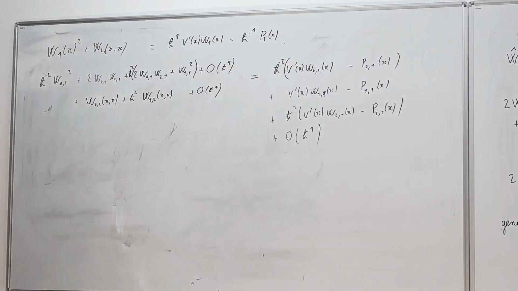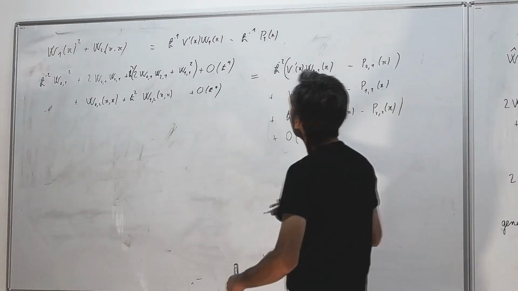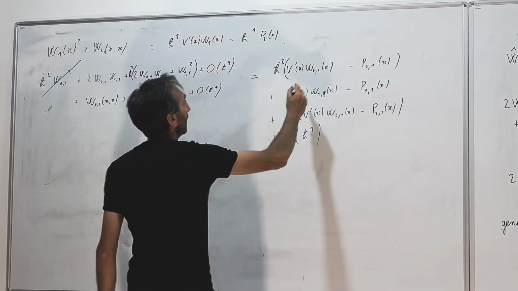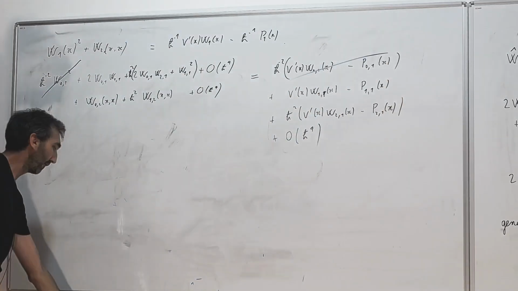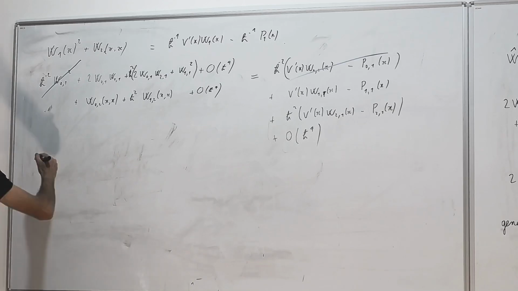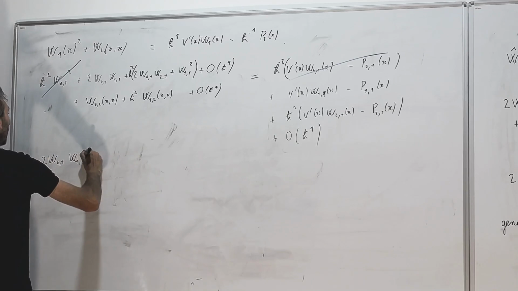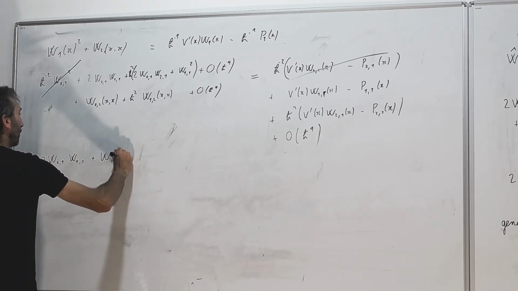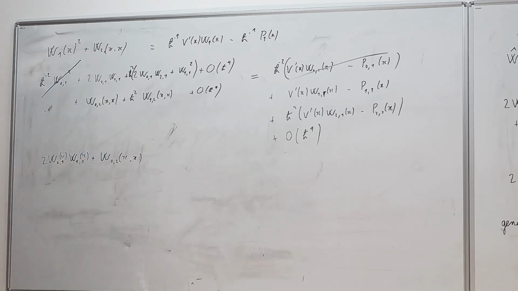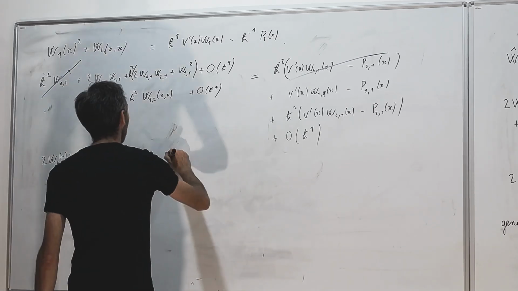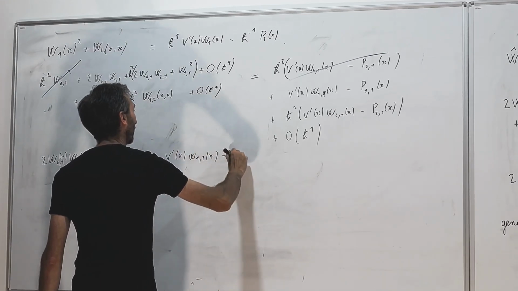So the order h bar to the minus 2 is done. Okay? So at the next order, what do we get as an equation? We get that 2 W01 W11 plus W02 evaluated at (x,x) equals V'(x) W11(x) minus P11(x).